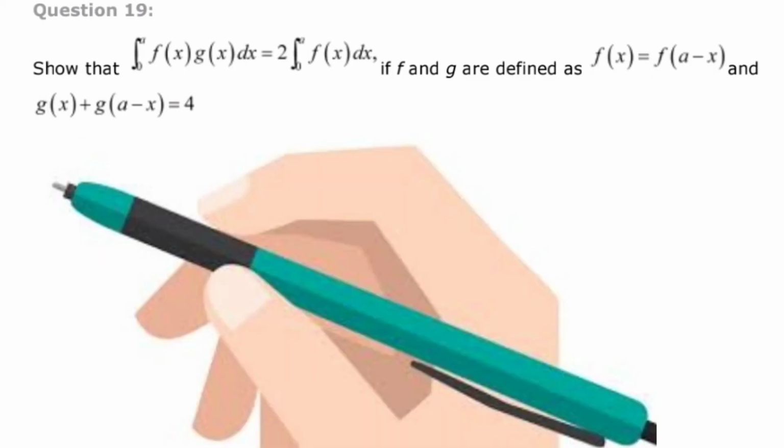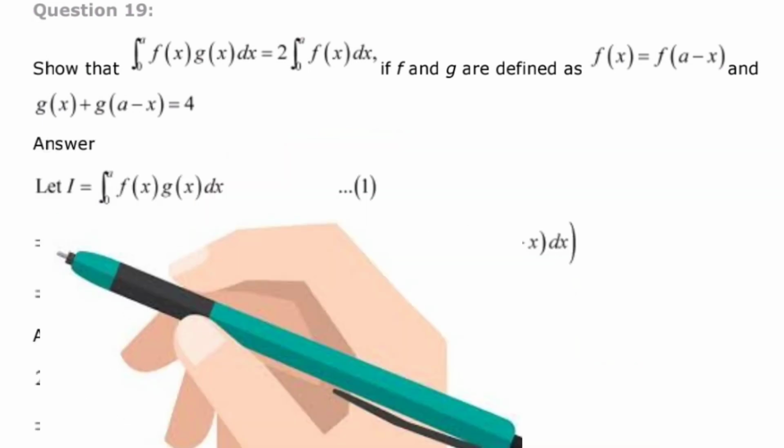So next, my students, question number 19. This is also a very important question. The integral from 0 to 2a of f of x g of x dx equal to twice the integral from 0 to a of f of x dx, if f and g are defined as f of x equal to f of a minus x.